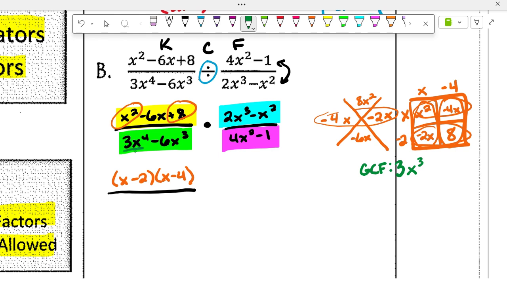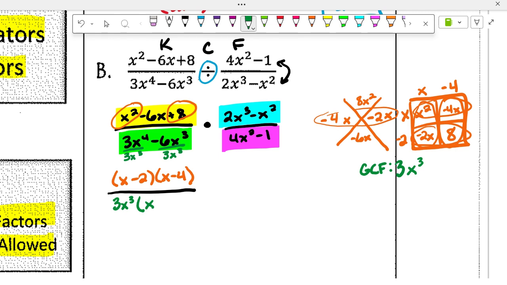So I'm going to divide both of these by 3x cubed. And remember, if you take something out, you need to put it on the outside. That's still part of your factoring. The GCF doesn't magically go away. What's 3 divided by 3? X to the fourth divided by x cubed. If you have 4 x's and you take away 3, how many do you have left? 1.